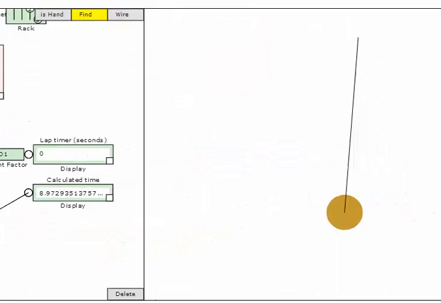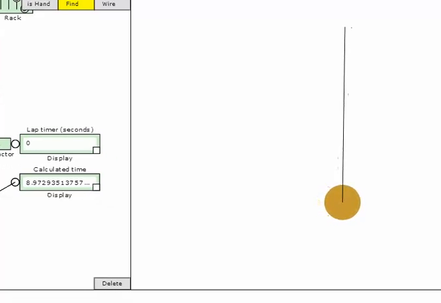Now one thing you should know about that equation is that it's for pendulums that are swinging small angles. And the reason for that is that the force of gravity is pulling straight down, and basically the force on the ball is the sine of the angle, and for small angles, sine is equal to the angle, as long as it's in radians.